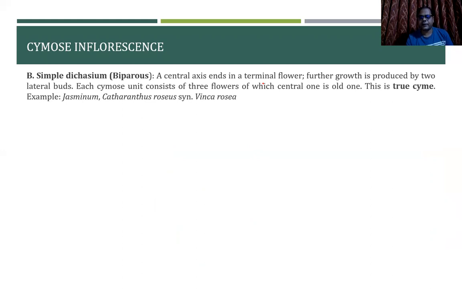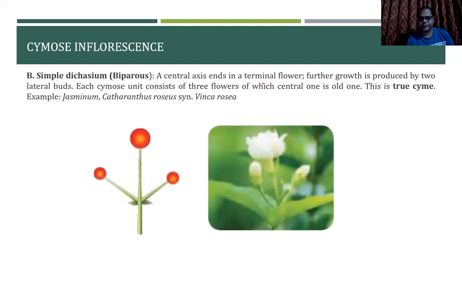In case of dichasial cyme or biparous, it is further divided into simple and compound dichasium. The simple dichasium we see in the case of Jasminum. We see it in the case of Catharanthus roseus, also known as Vinca rosea. Those already into taxonomy can understand the word syn. So Vinca rosea is a synonym for Catharanthus roseus. Now this is also called the true cyme.